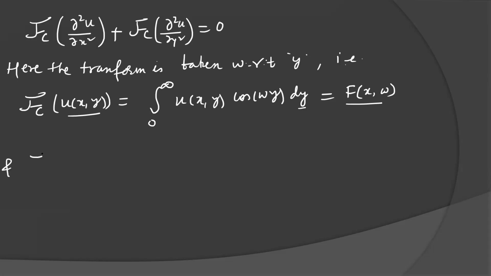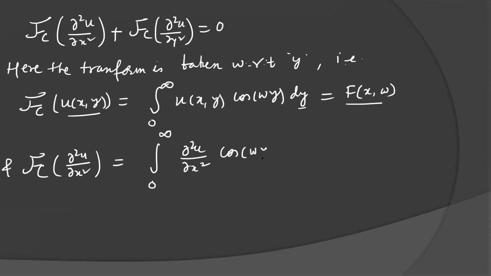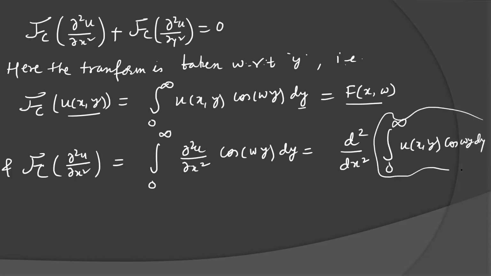And the Fourier cosine transformation of del 2u by del x square is the integral from 0 to infinity of del 2u by del x square cos omega y dy. So we can take d by dx outside, of the integral from 0 to infinity of u(x,y) cos omega y dy, using Leibniz rule. So it is equal to d2 by dx2 of F(x, omega), because this is the Fourier transformation of u(x,y). So we have the first term.